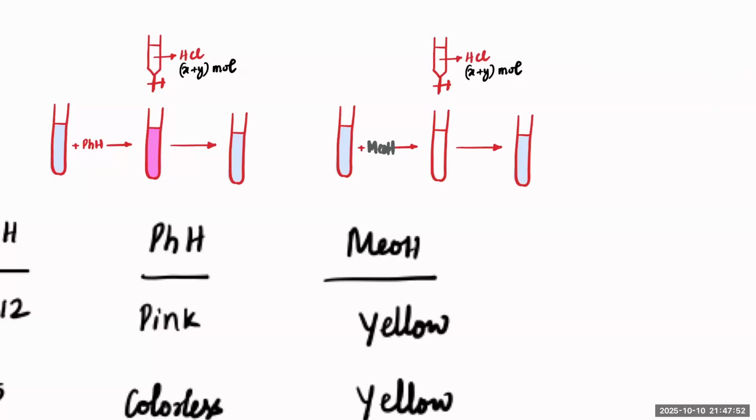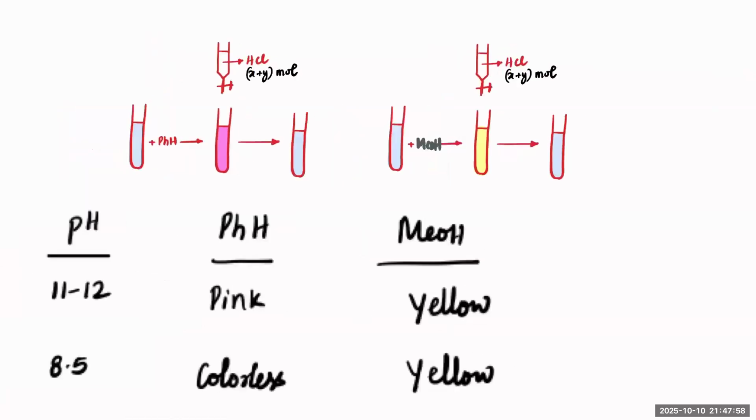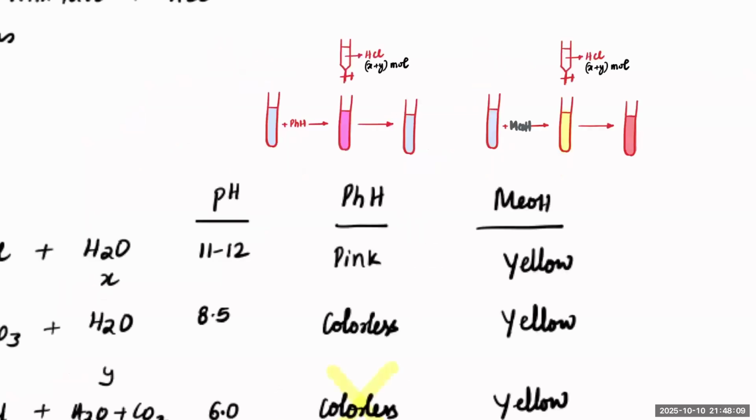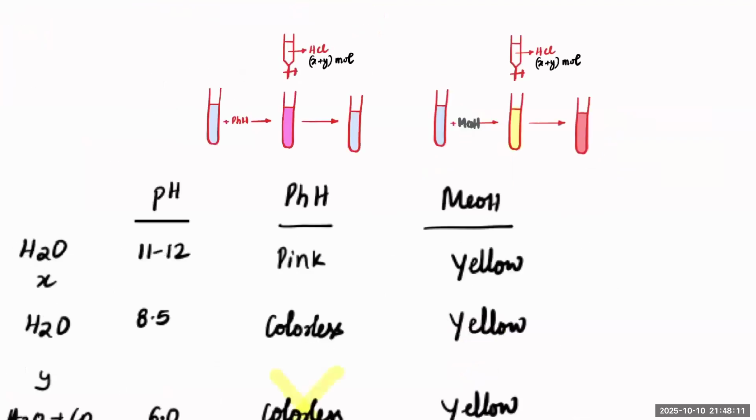It will be yellow color, right? The solution will be yellow color, correct? And after the titration, what is the color we expect? The color we expect is red color. So it should become red color inside. This is what you expect with methyl orange, okay? Now tell me, everybody, notice this carefully.